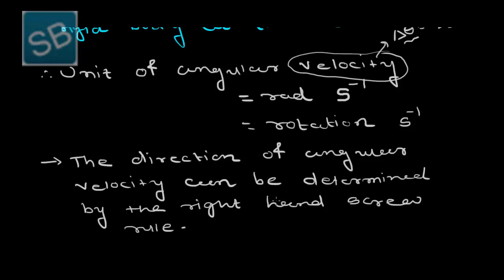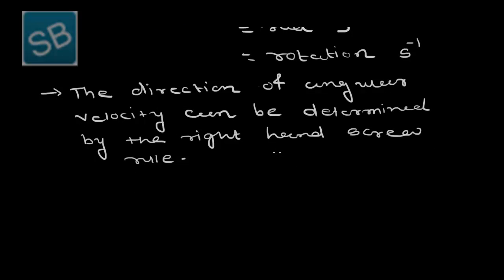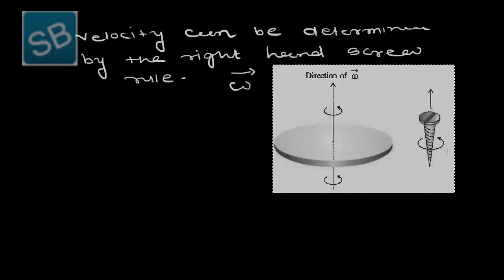So now I am giving you a schematic from which you will find the direction of angular velocity, and from that you can now write omega as vector omega. The direction of vector omega can be determined as follows: I have considered the motion of a rigid body in a circular path along this axis.